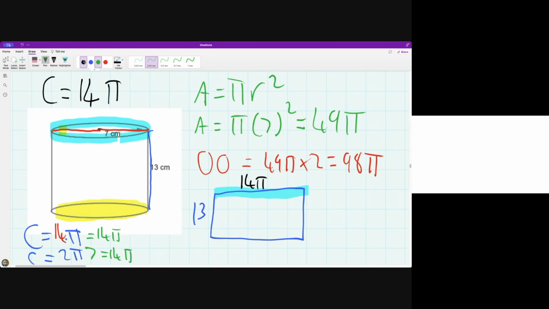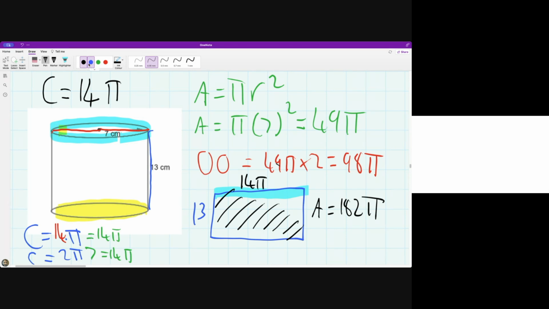Now, in order to find the area of the rectangle, what am I going to get? Well, this is going to be 14 pi times 13. So 13 times 14 gives 182 pi.